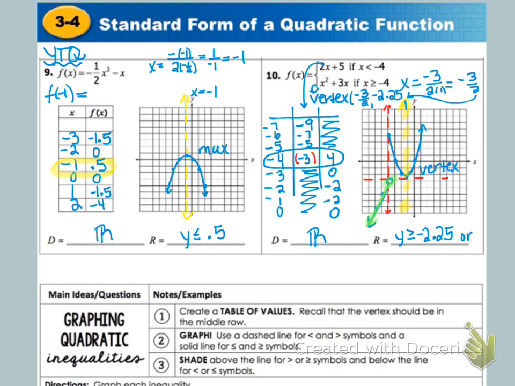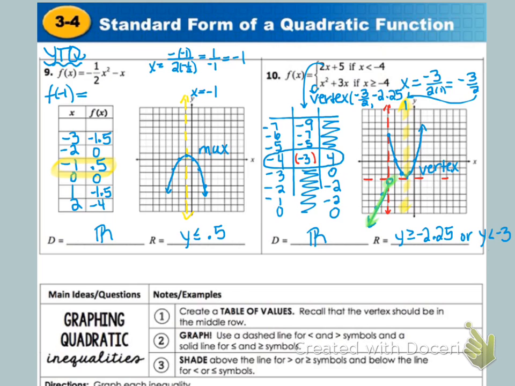It was at negative 3, so just beyond that. So the y values will be less than negative 3 as well. So we just have a little gap in there where there's no way you can get any of those outputs in between those two key values at negative 2.25 and negative 3, but really you can get any other y value out.